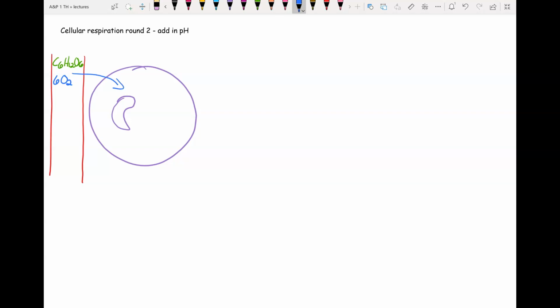You do the whole glycolysis, acetyl-CoA, Krebs cycle, electron transport. You get your ATP. You get heat. And you end up with 6 carbon dioxide and 6 water going back into the blood.